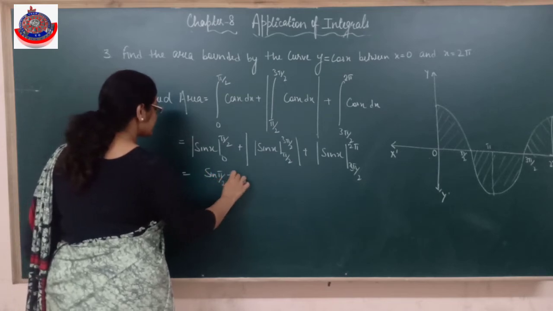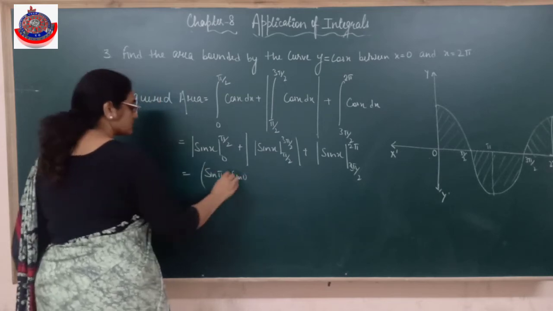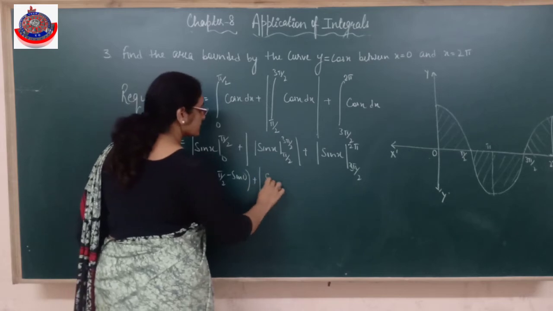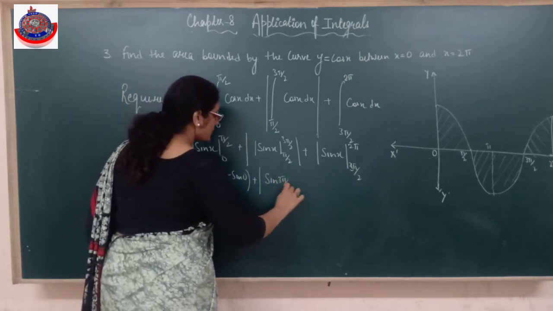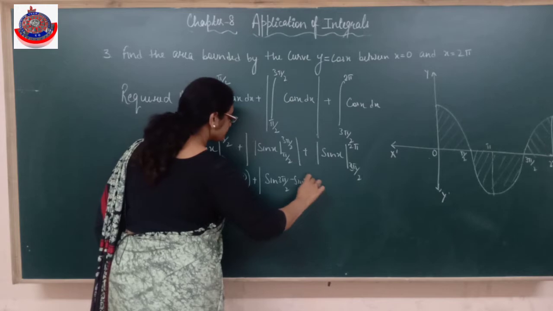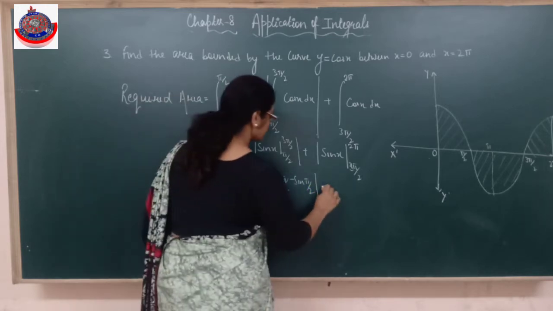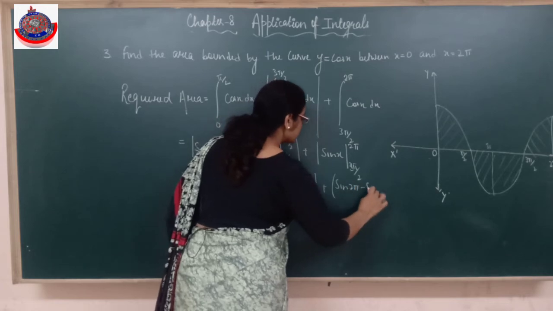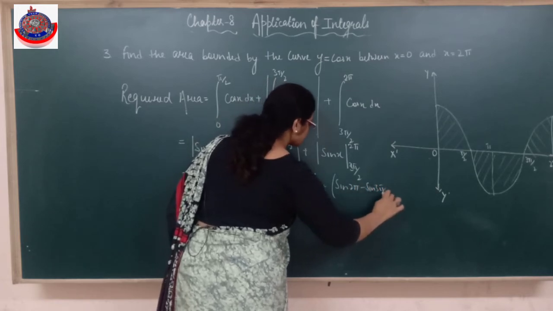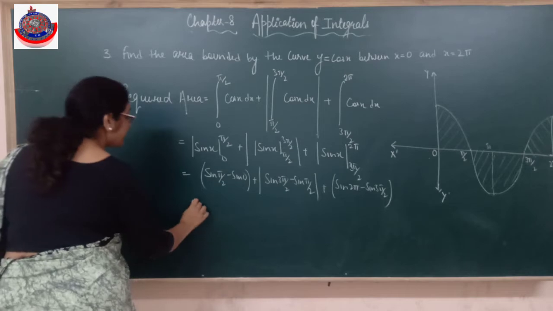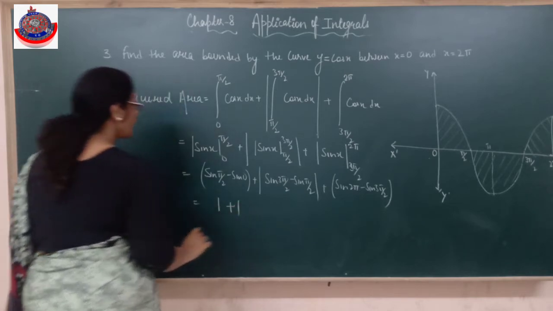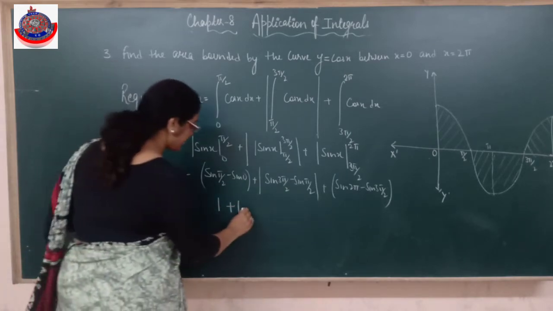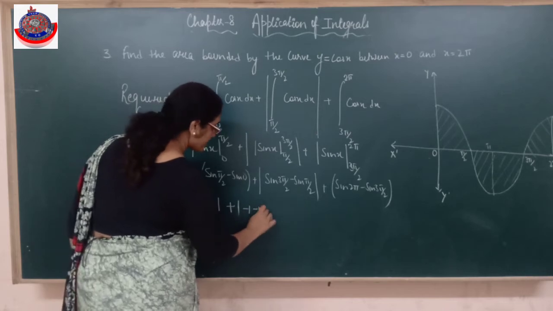Sin pi by 2 minus sin 0, sin 3 pi by 2 minus sin pi by 2, sin 2 pi minus sin 3 pi by 2. Sin pi by 2 is 1. Sin 3 pi by 2 is minus 1. Sin pi by 2 is 1.